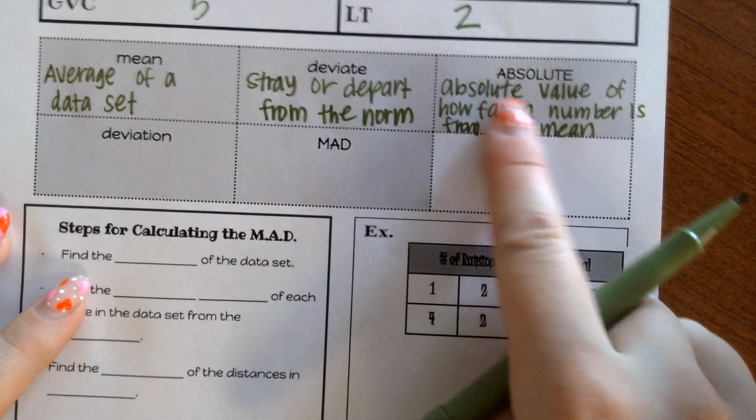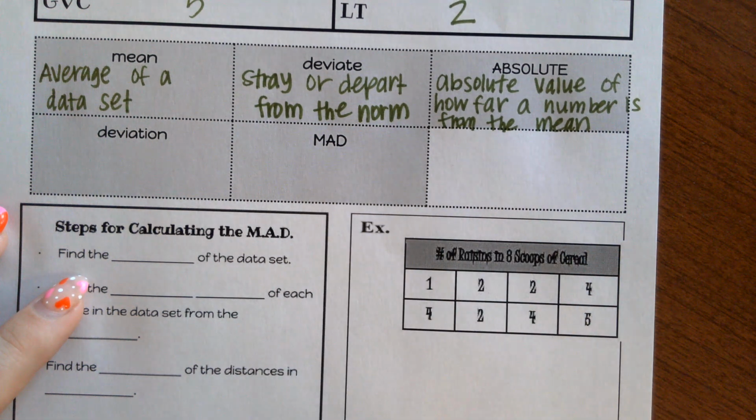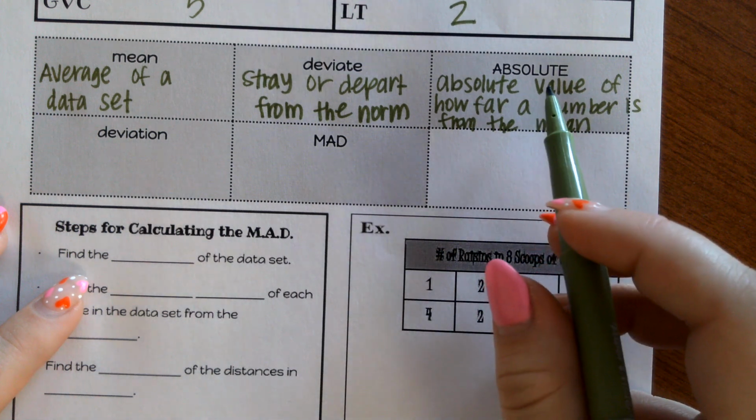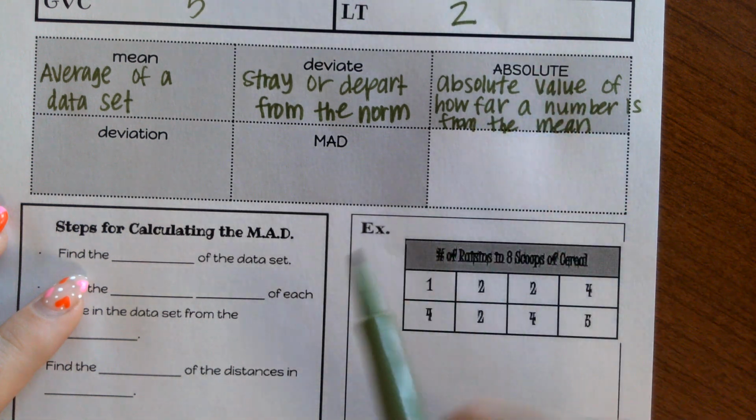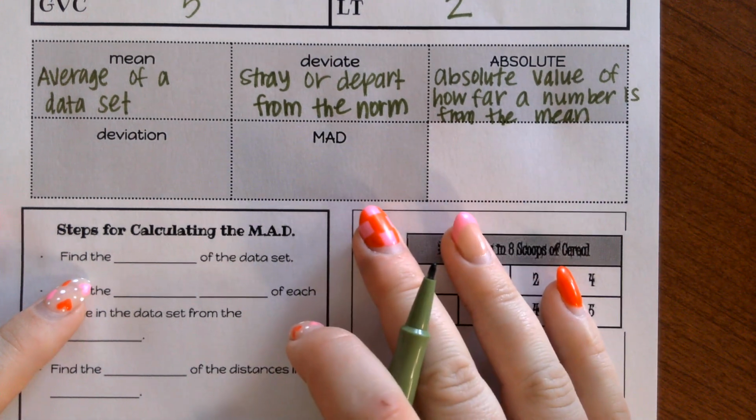So for example, if our mean was 23 and one of the numbers was 3, our absolute value from that would be 20, because there's 20 in between there, the distance.